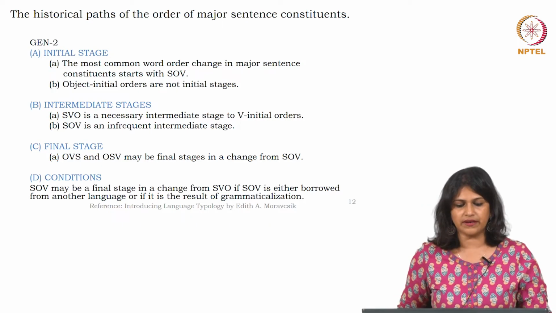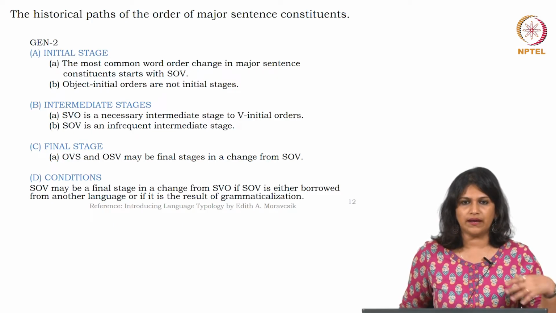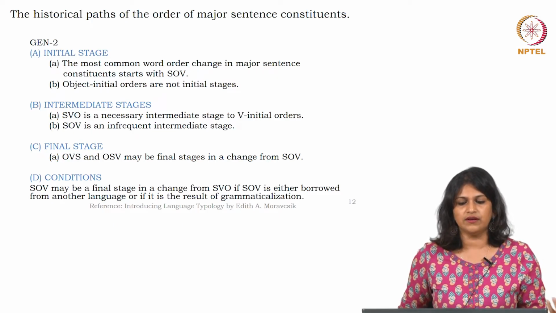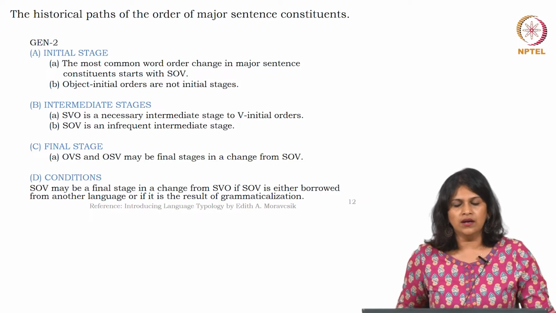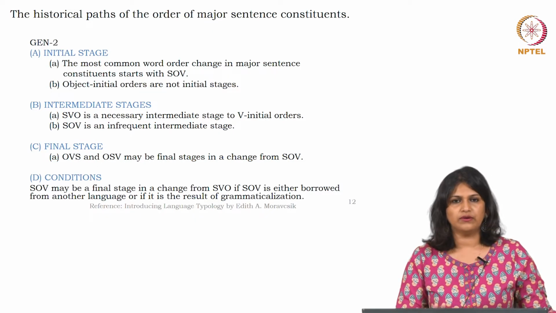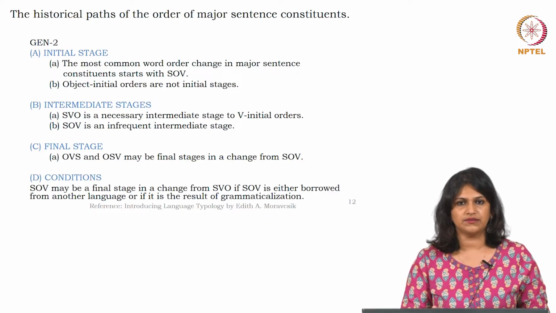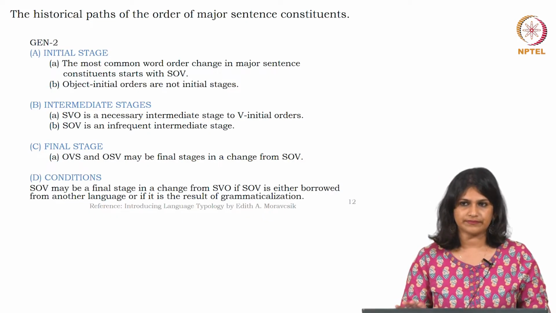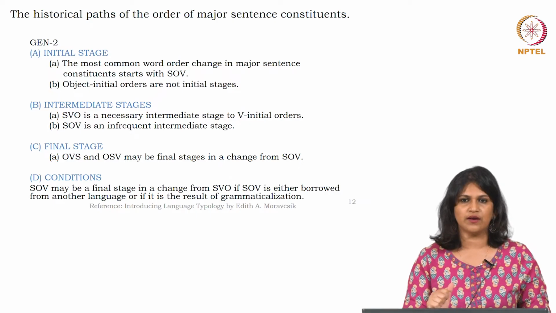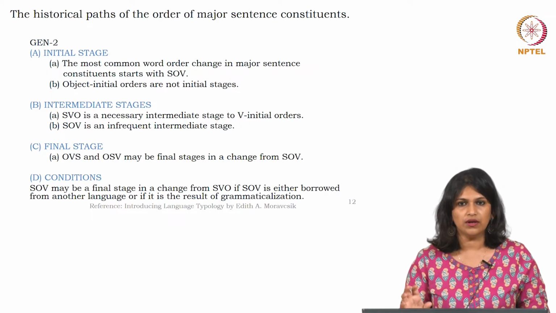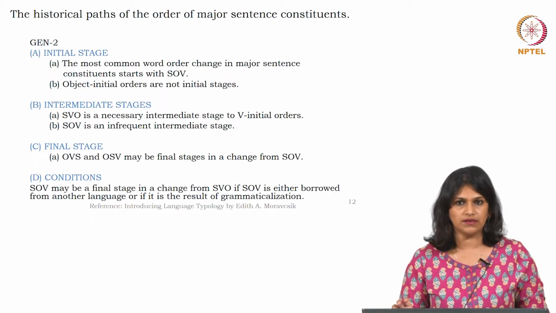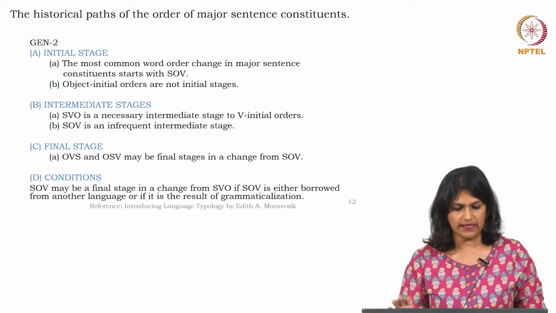Then we are trying to figure out what could have been the historical path for the development of major word order, right. When you think about word order, you have subject, object and verb, then we have subject, verb and object. These are the two most prominent word orders found in any given language.